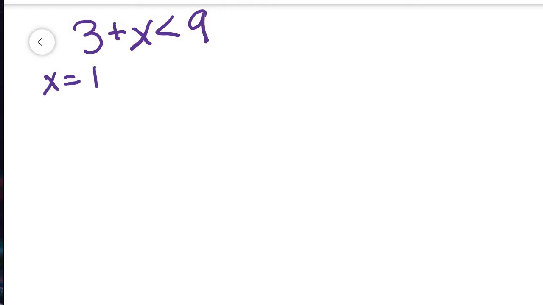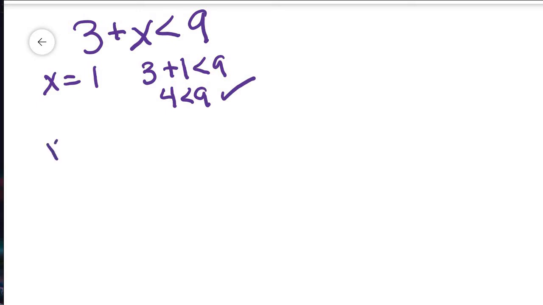All right, so for example, say we have 3 plus x is less than 9. And they want us to describe what the possible values of x are in words. Well, let's try some values of x. So let's see, for x equal to 1, we get 3 plus 1 less than 9. 3 plus 1 is going to be 4. 4 is less than 9, so that works.